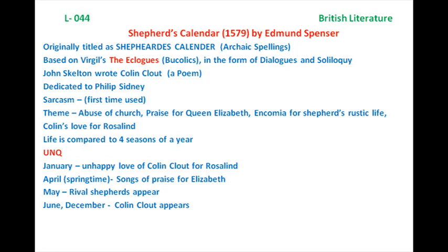Encomia means praise for shepherds, rustic and rural life. So the poet is praising the rustic rural life, the country life. He is admiring. And one more important point, sarcasm is used for the first time in this poem, and the months have their names rhyming to each of the poems. Then these poems can be classified in 3 categories.